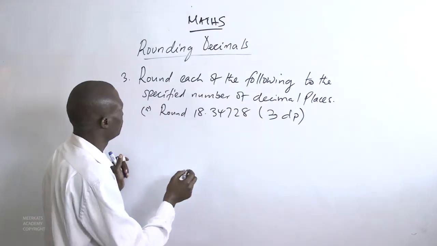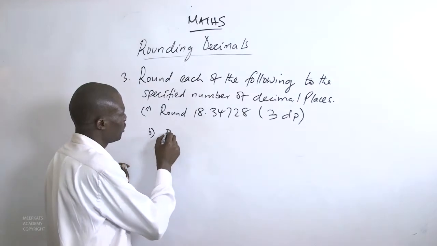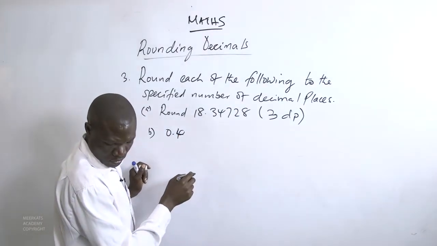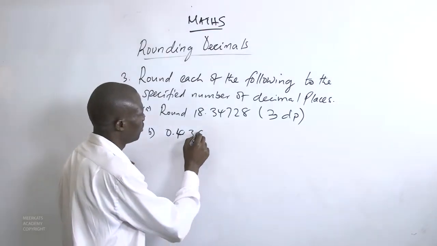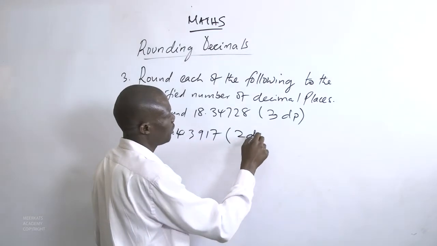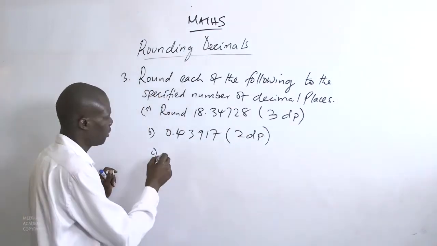B, I have 0.43917 to two decimal places, and C we have 7.59967.